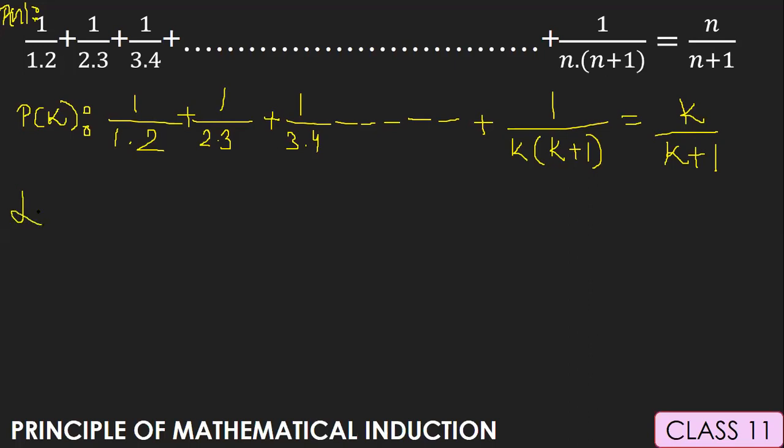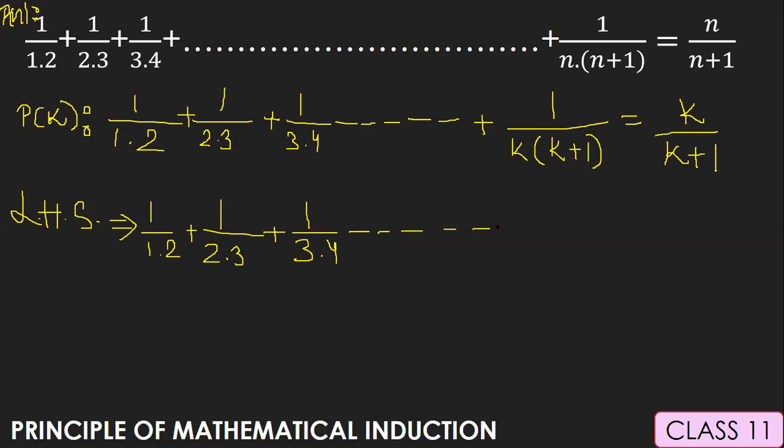So for that purpose, your left hand side would be 1 upon 1 into 2 plus 1 upon 2 into 3 plus 1 upon 3 into 4 and so on till 1 upon k plus 1 into k plus 2, right?